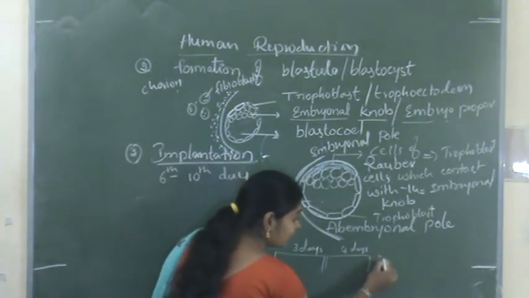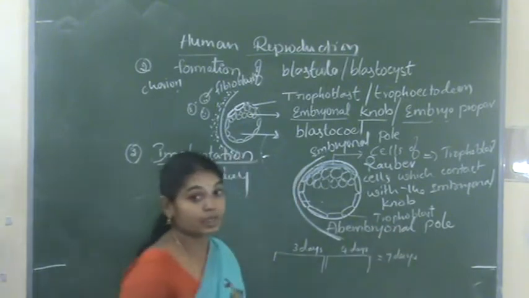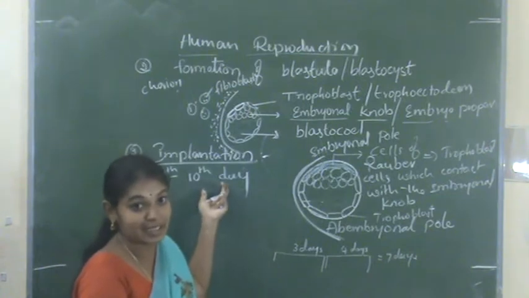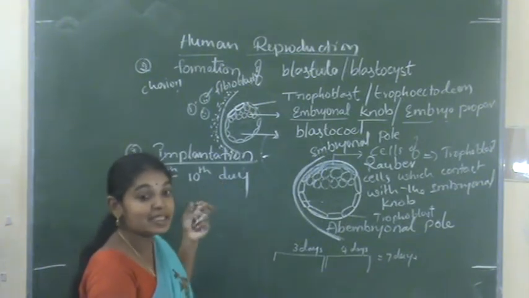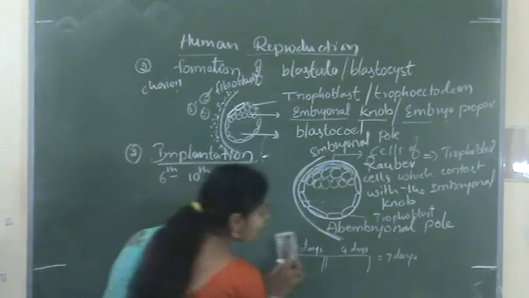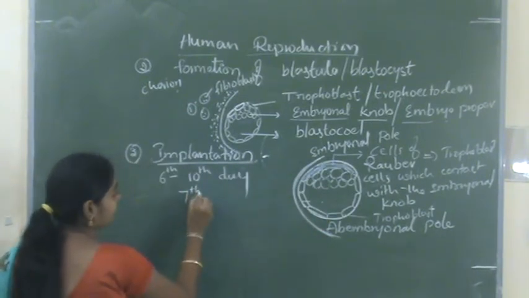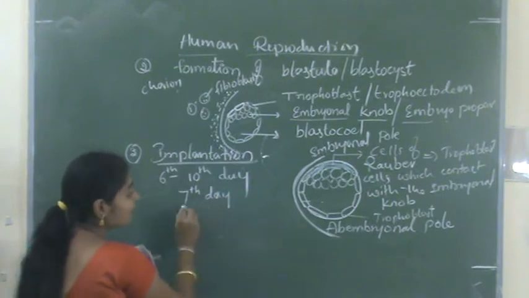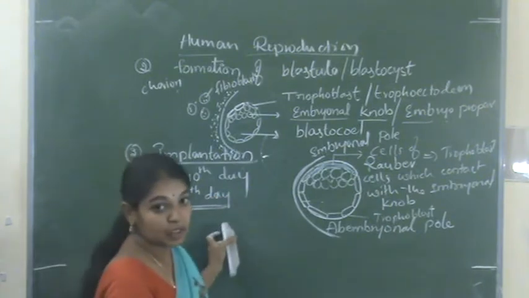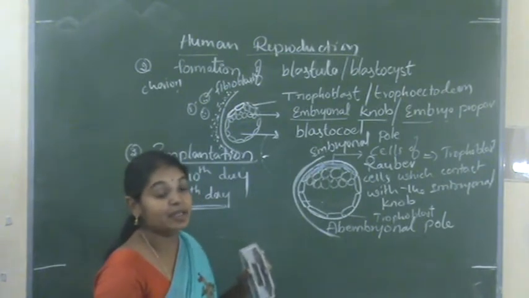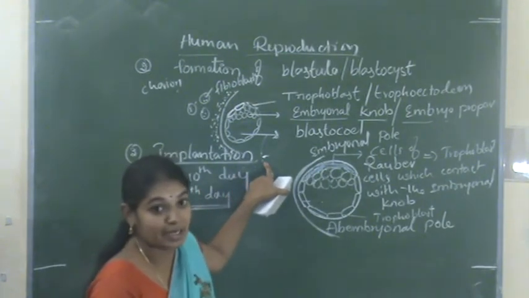So in total it is about 7 days on average. Generally we say the 6th to 10th day, but the average period for implantation is the 7th day from the fertilization day.